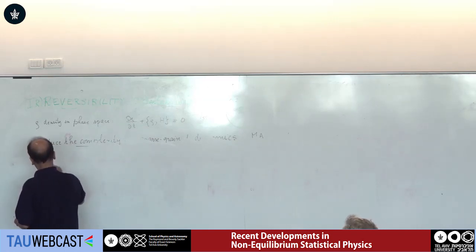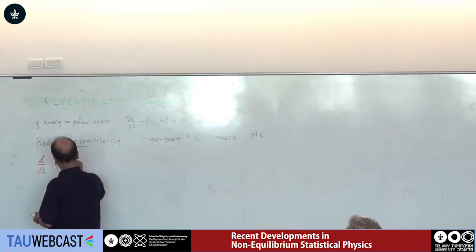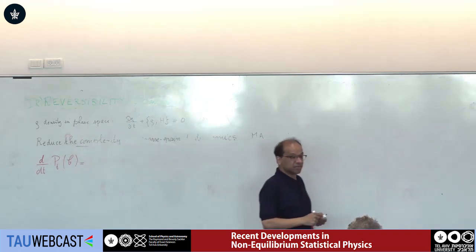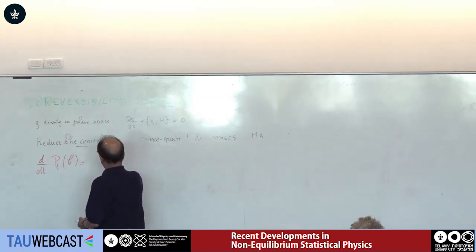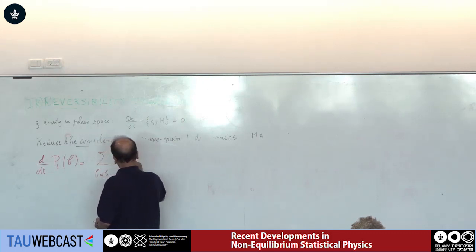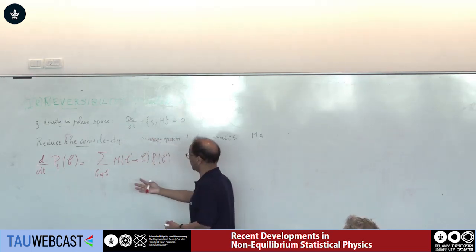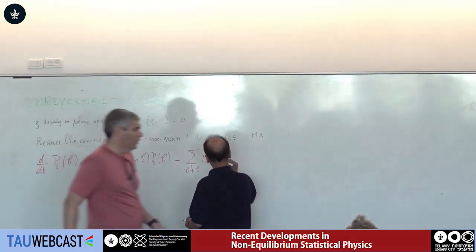How does this probability of being in configuration C at time t evolve? Intuitively, it's very easy. If you want to do it more mathematically, it takes more time. Well, you just count how many configurations evolved towards C. The balance is positive for configurations coming towards C, so C prime evolving towards C. And the balance is negative if you go away from C, so you're leaving C.